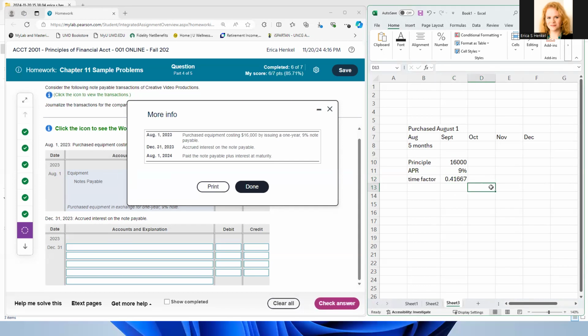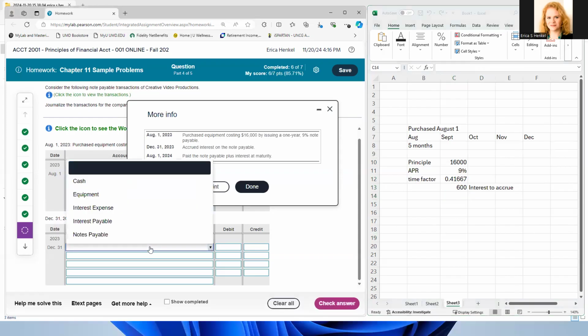So then that gives us interest to accrue equals C10 times C11 times C12 of $600 that we need to record.